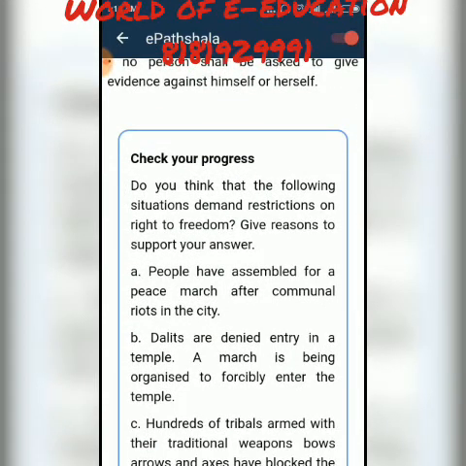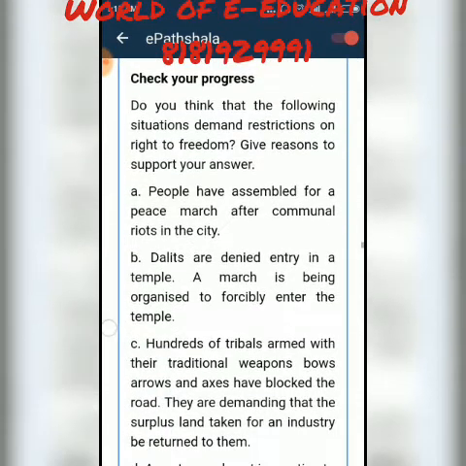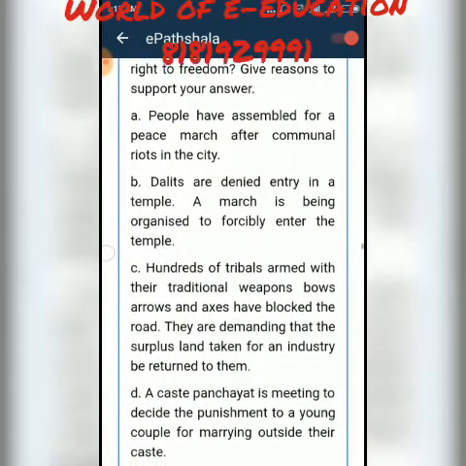Check your progress. Do you think that the following situations demand restrictions on right to freedom? Give reasons to support your answer. A. People have assembled for a peace march after communal riots in the city. B. Dalits are denied entry in a temple. A march is being organized to forcibly enter the temple.